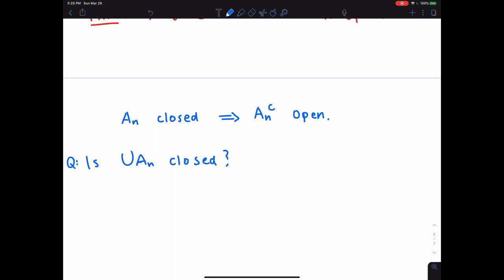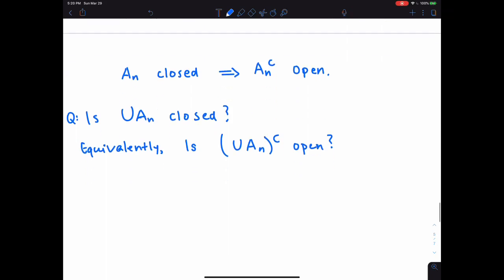Another way I could ask that, equivalently, is: is the complement of the union open? Here I'm talking about the complement of the union of sets.